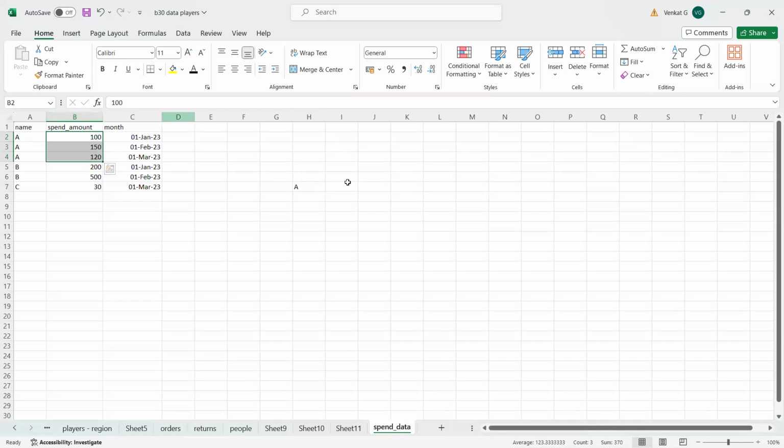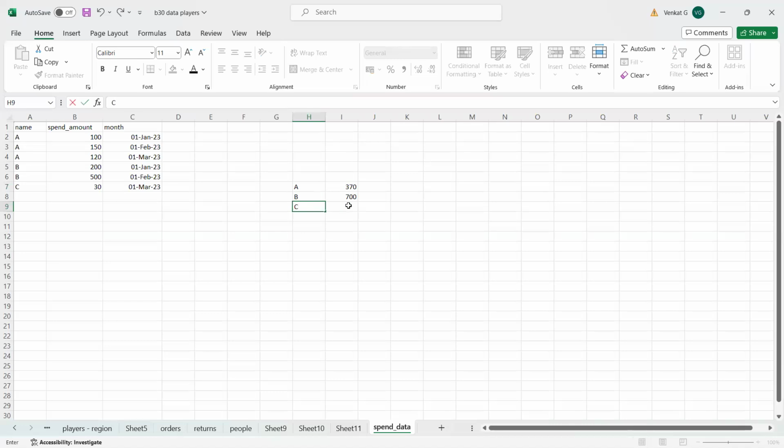So this is the aggregated data, 370. Now person B, how much money did he spend? He's in two rows, so 200 plus 500, which is 700. Now person C has only one row, so the aggregated data is 30 rupees.